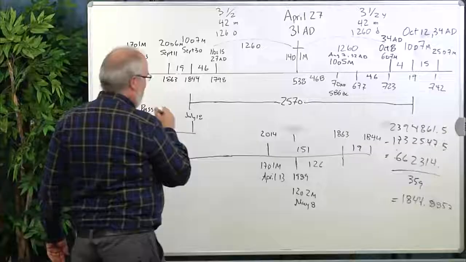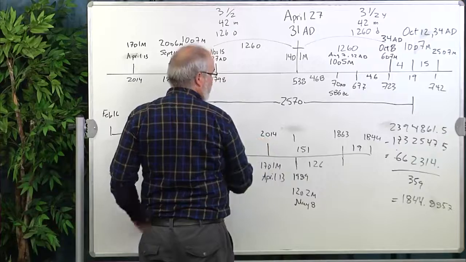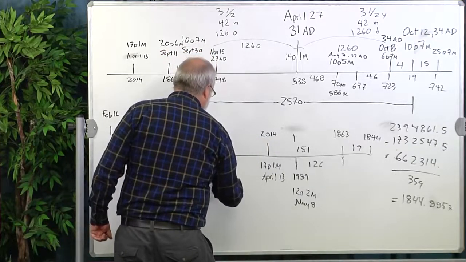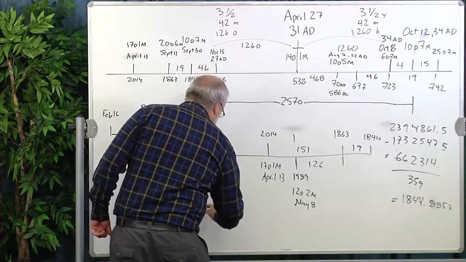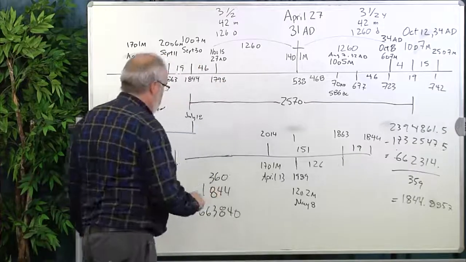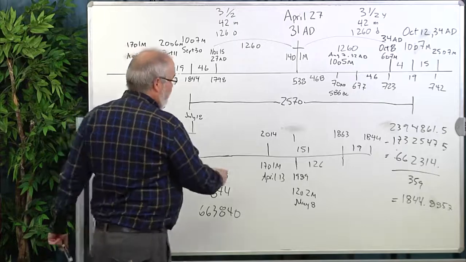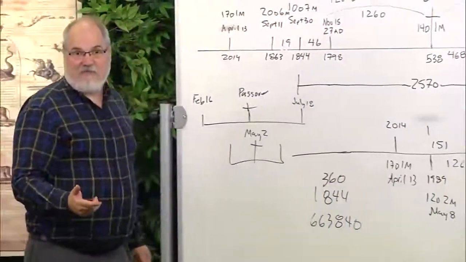But when I was struggling with this in 2014, I simply counted 360 times 1844, and I came up with the number 663,840. And then I counted the number of days from April 13th to the 10th day of the 7th month in 1844.